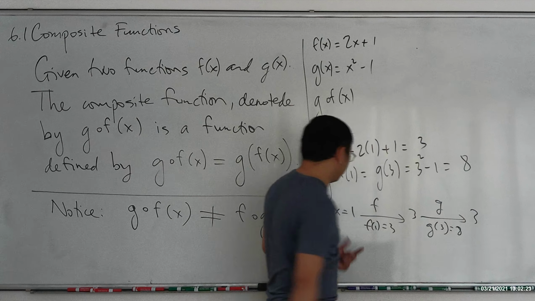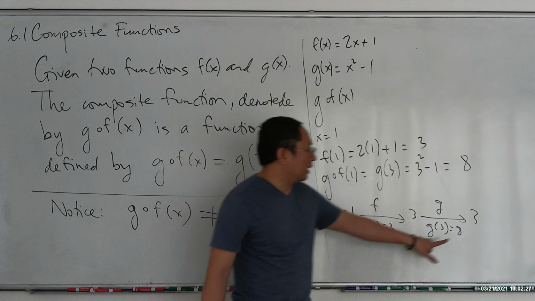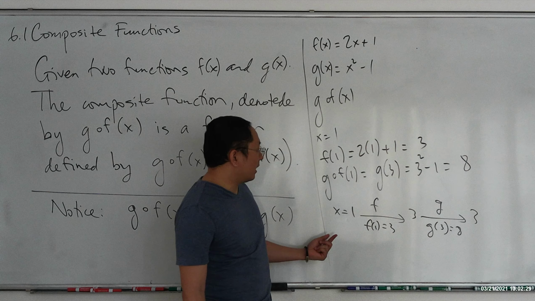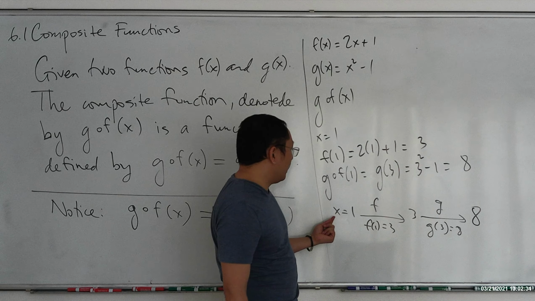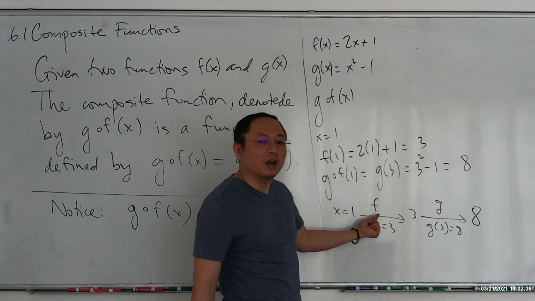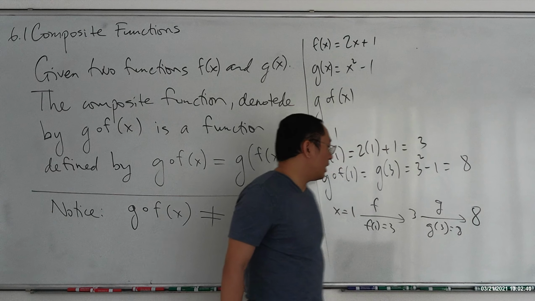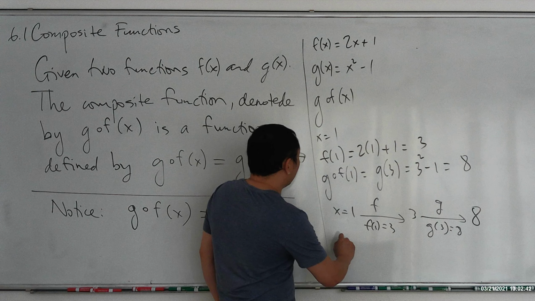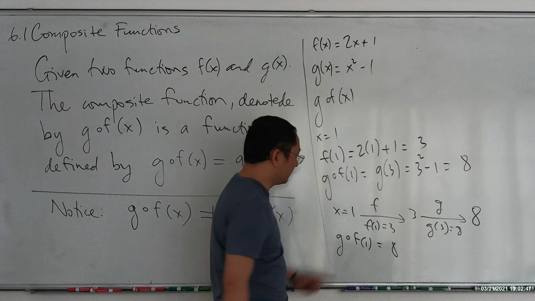So the whole picture is what? 1 is the input I plug in, and the output is 3. And how did I get 8? First of all, I got 1 plugged into f. I got 3 out, and then plug into g, I got 8. Okay, so g of f of 1 is equal to 8.